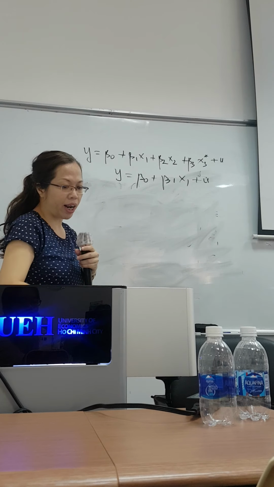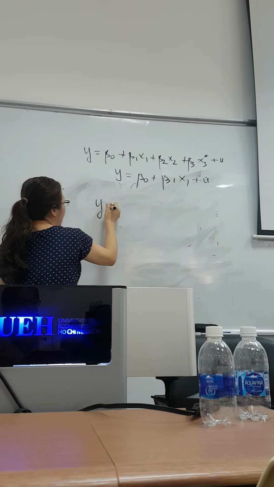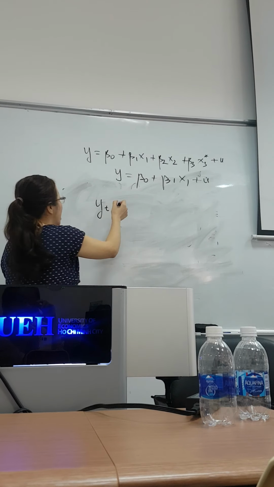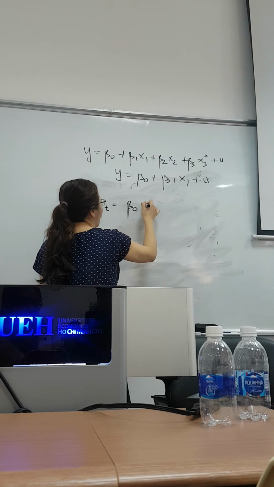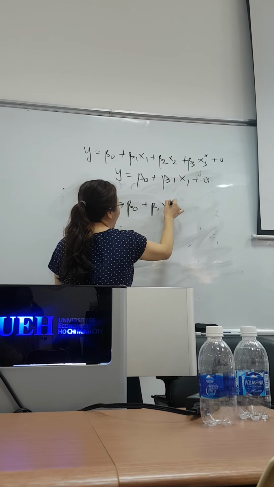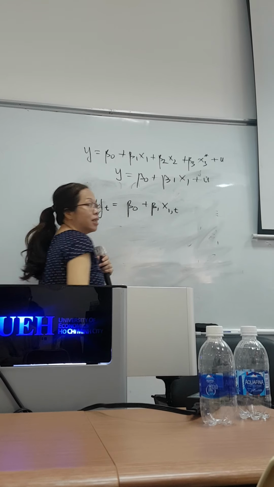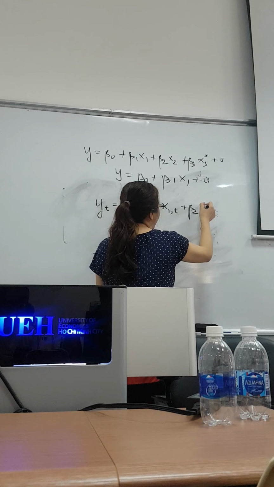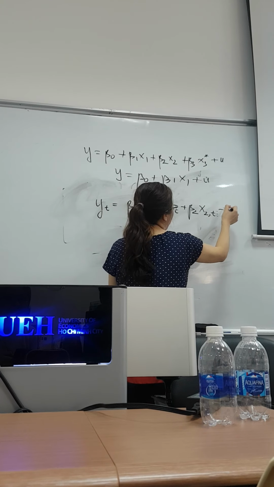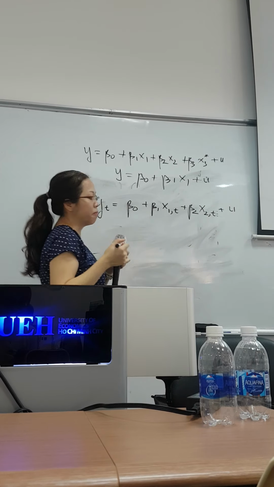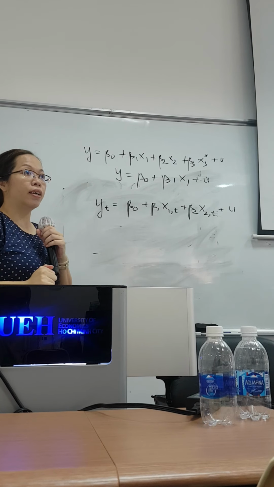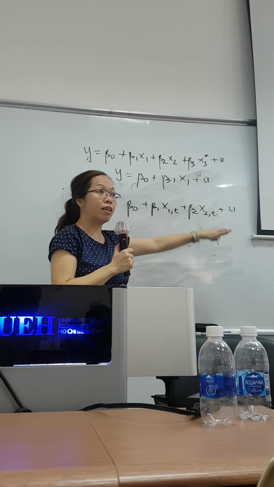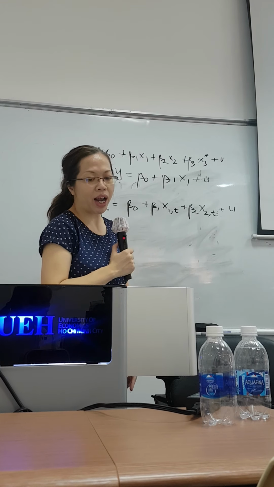We're going to write Y sub t, the observation at time t, equal to beta 0 plus beta 1 x1t, plus beta 2 x2t, for example, plus another term. So you've got the little t here.